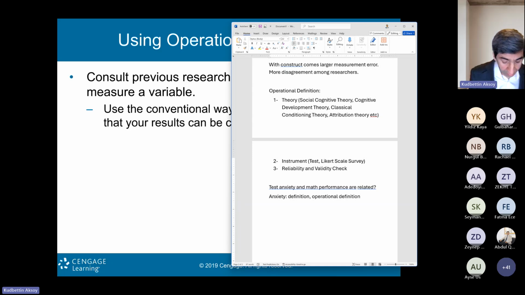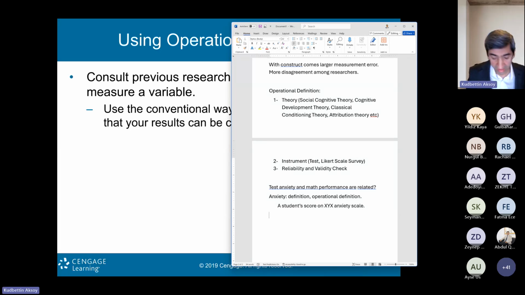So for the operational definition, you could say students' score on X, Y, Z, whatever the name of the instrument we are using is, anxiety scale. That's how you define it operationally.